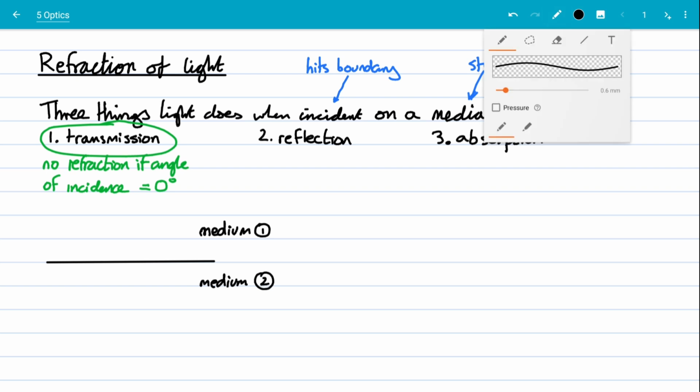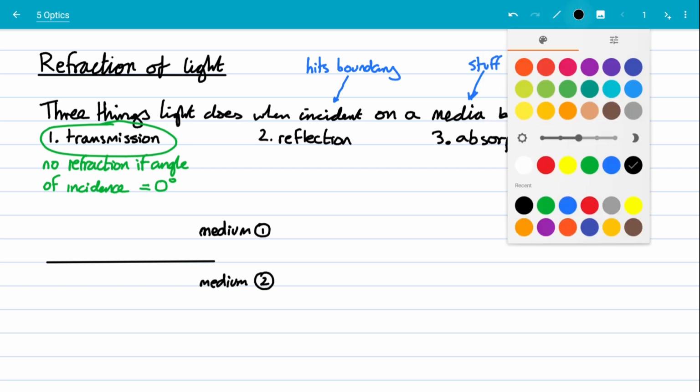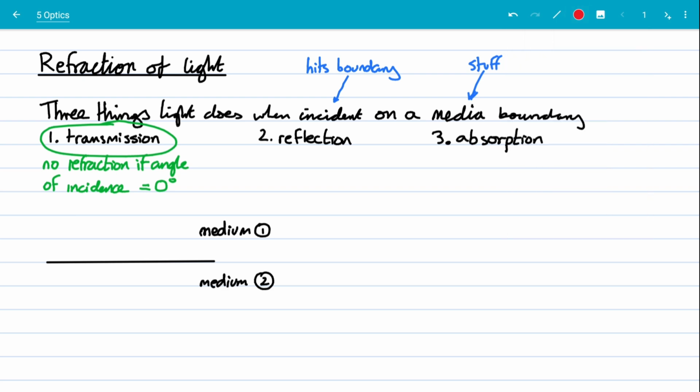Then what we're saying is that there is a beam of light. Now we're going to represent the path of that beam by using a ray. A ray has 0 width, but a beam can have some width to it.